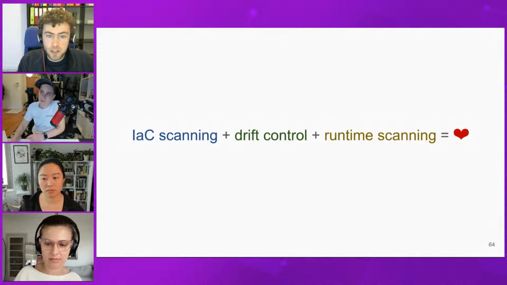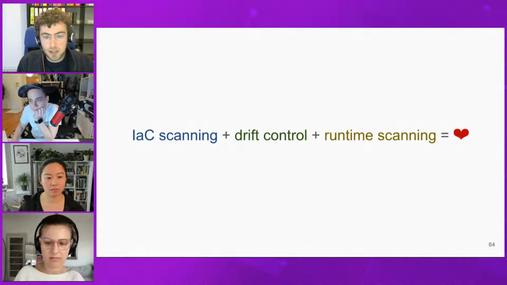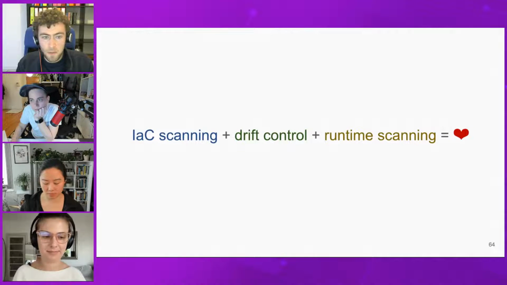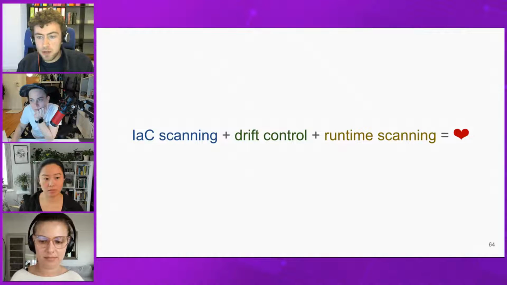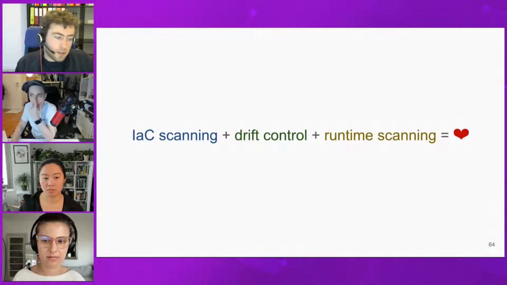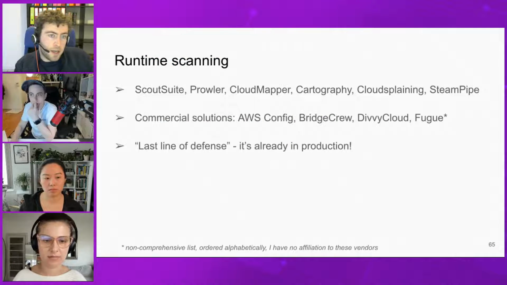If we have these three things, basically we are sure that we are writing secure infrastructure as code. We are sure that this is what is deployed. And we are sure that all the things that might be deployed in the account, maybe dynamically or manually, are covered as well. So here, runtime scanning is really looking at what is deployed in the account and trying to find insecure things.